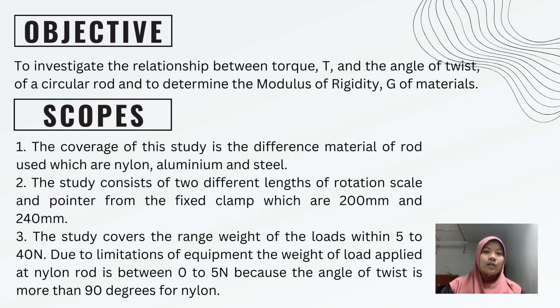Second, the study consists of two different lengths between the rotation scale and pointer from the fixed clamp, which are 200 mm and 240 mm. Third, the study covers a load weight range within 5 to 40 Newton. Due to limitation of the equipment, the weight of load applied to the nylon rod is between 0 to 5 Newton because the angle of twist is more than 90 degrees for nylon.